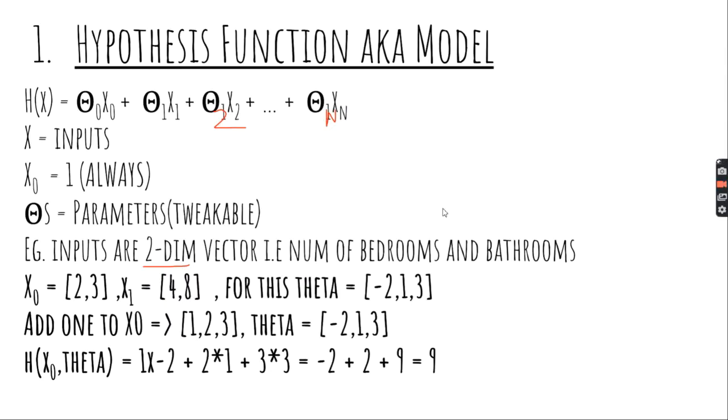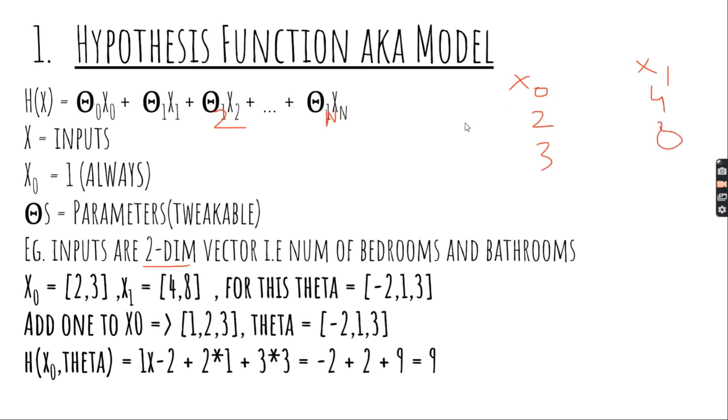So let's say we have a problem where we're supposed to predict the price of a house, and the only information that we have from the historical data is the number of bedrooms and bathrooms. You can look at it this way: these are the vectors. So x0 is 2 3, and x1 is 4 8.